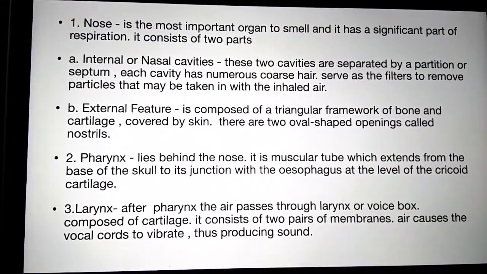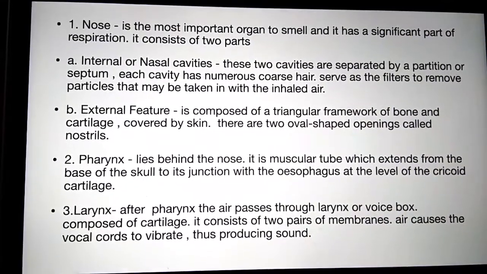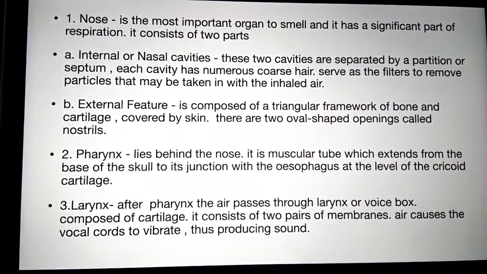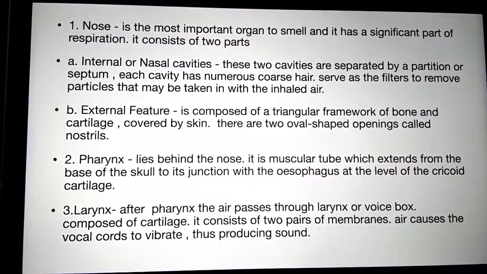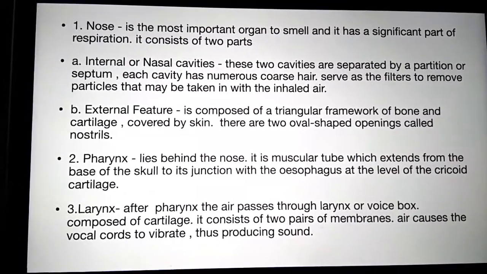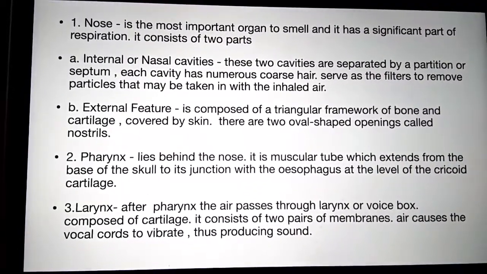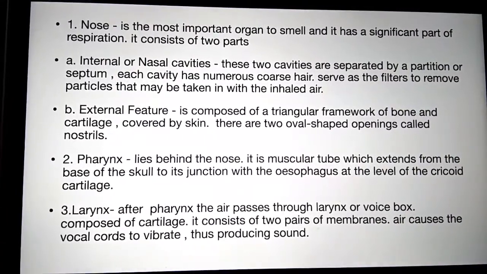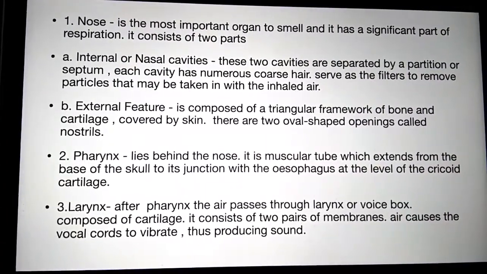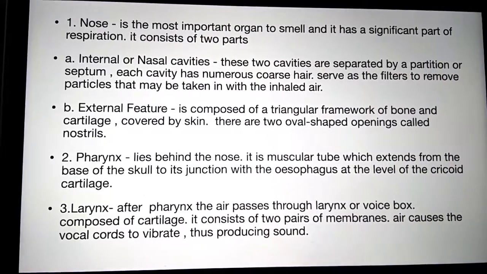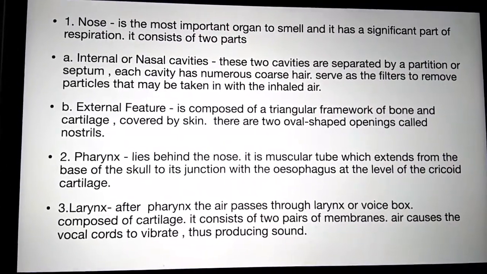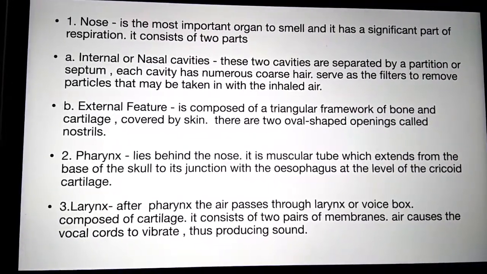First is nasal cavities. These two cavities are separated by a partition or septum. Each cavity has numerous coarse hairs that serve as filters to remove particles that may be taken in with the inhaled air.